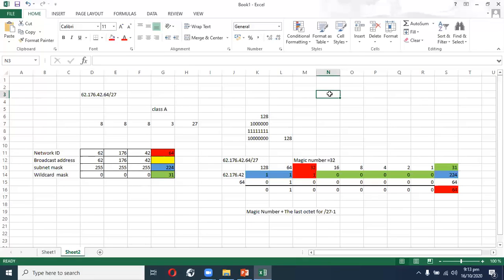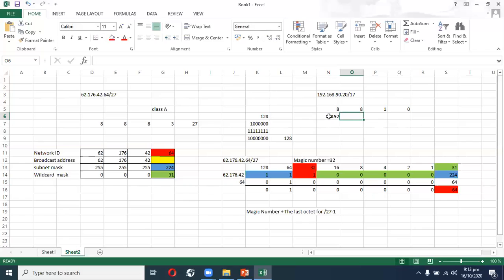Now let me give you another example. Let's say we have 192.168.90.30 slash 17. Slash 17 means 8 plus 8 is 16, plus 1, and the fourth octet will be 0. When we write this, it will come as 192 because it's 8.